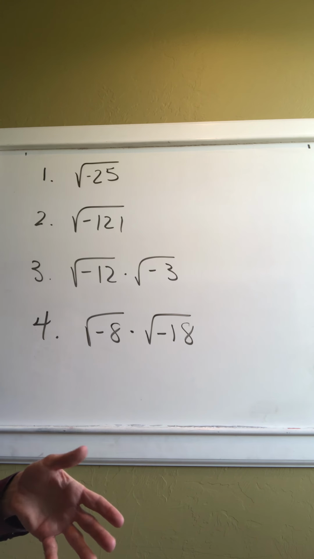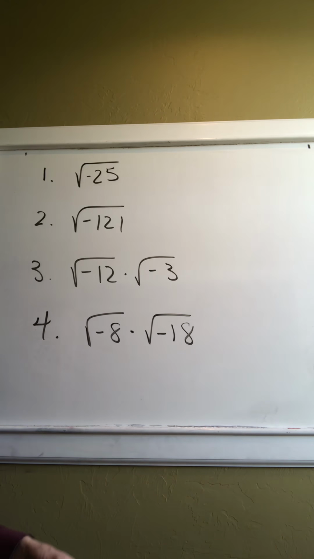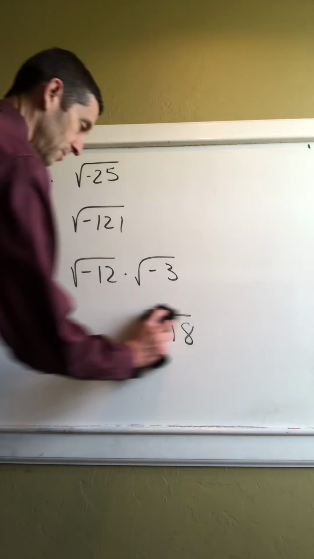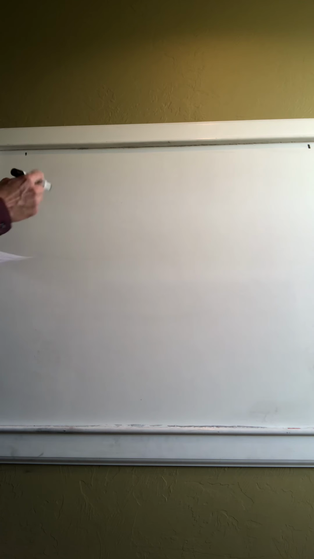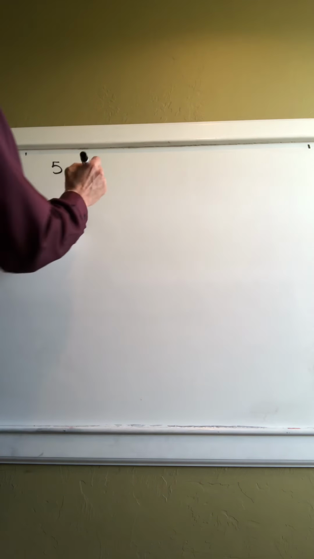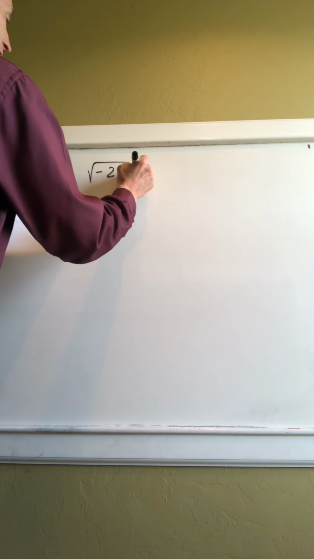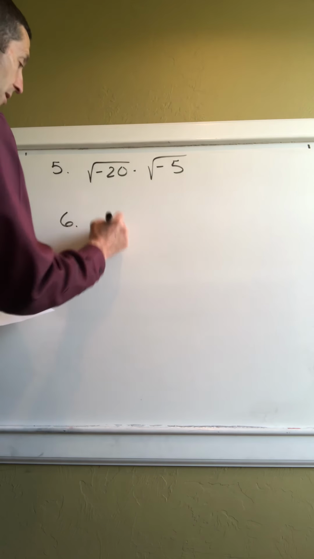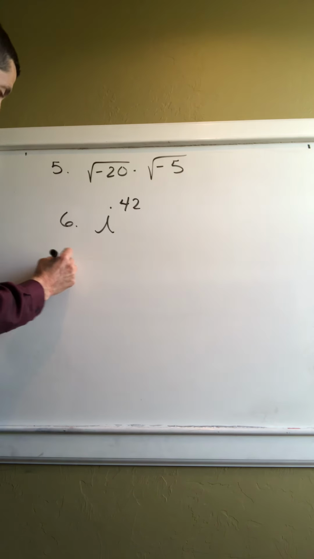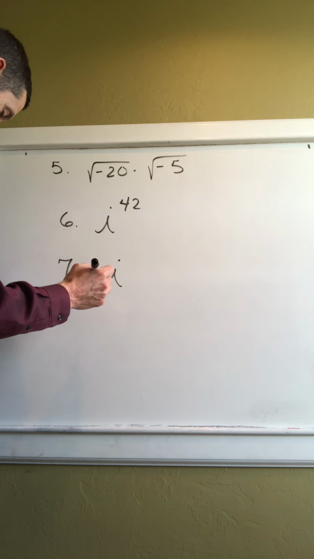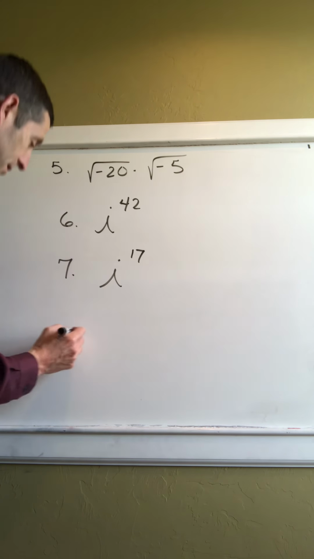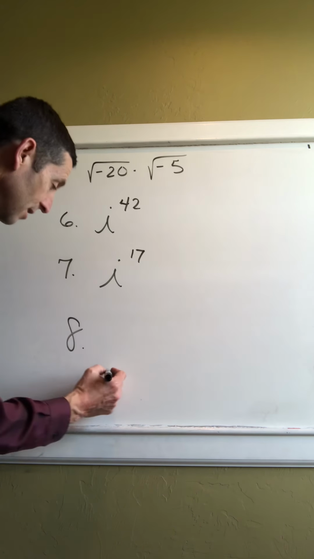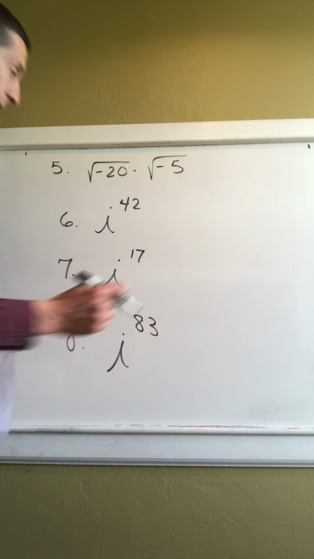And then we'll get 5, 6, 7, 8 up on the board right now. So here's 5. And then our powers here. Number 7 will be I to the 17th, and number 8, I to the 83rd.